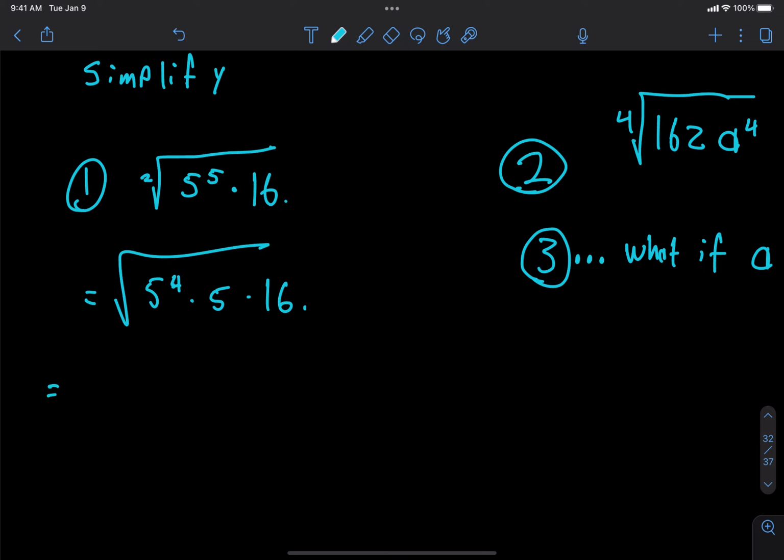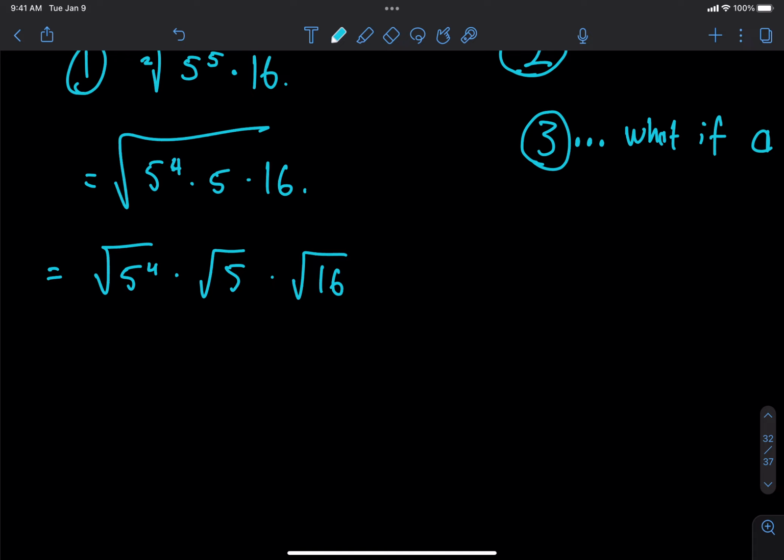Now I'm going to rewrite that as the square root of 5 to the 4 times the square root of 5 times the square root of 16. And I'll rewrite 5 to the 4 one more time as 5 squared, squared.